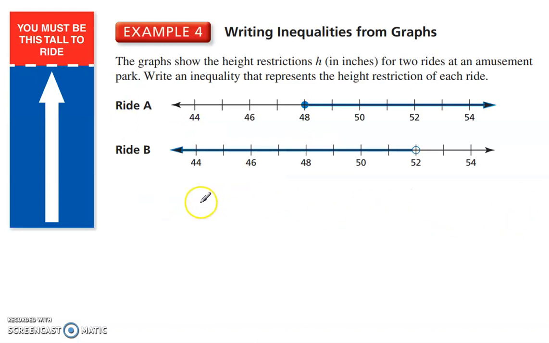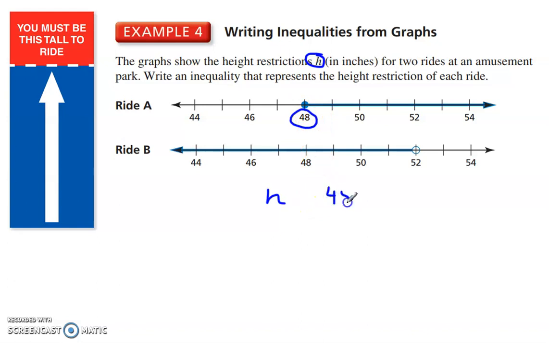Okay, if I want to write an inequality from a graph, I'm going to look at this graph, say, okay, there is my target number, and then all these values are greater than that target number. So all these values represent the height restrictions h. Okay, so I'd say h, and then here's the target number, 48.